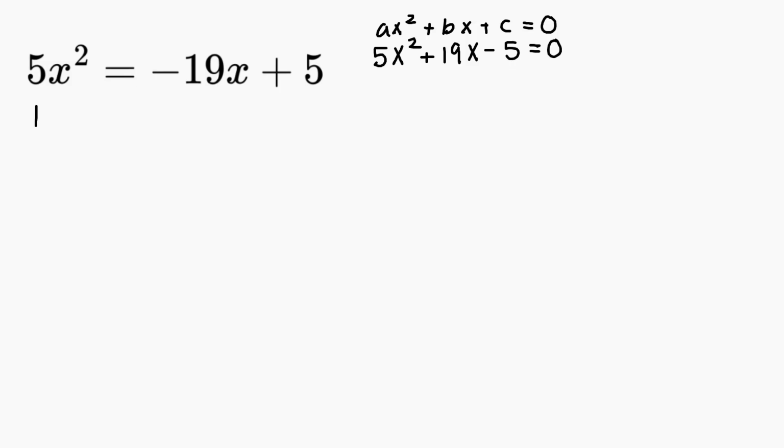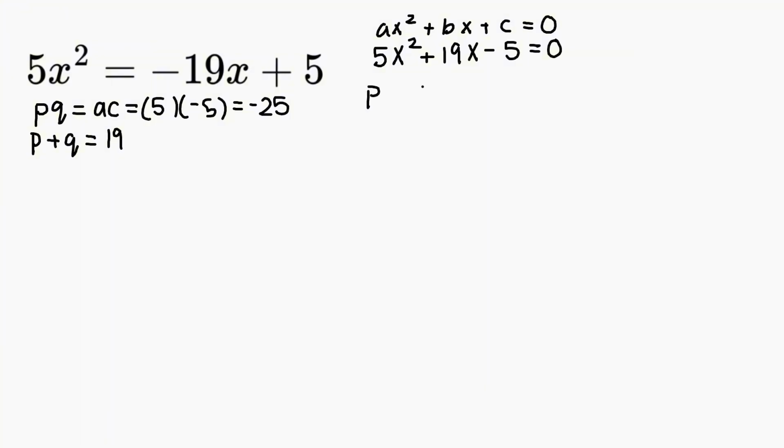So we're looking for two numbers, p and q, that multiply up to AC, which in this case is 5 times negative 5, which is negative 25. And we're looking for two numbers that will add up to b, which is 19. So let's write this out.